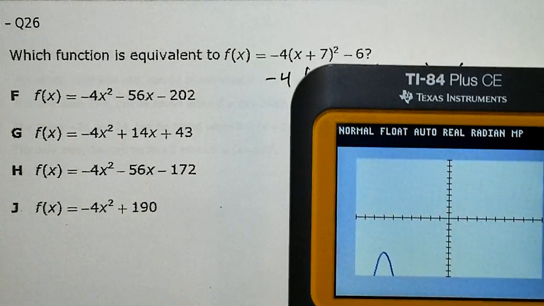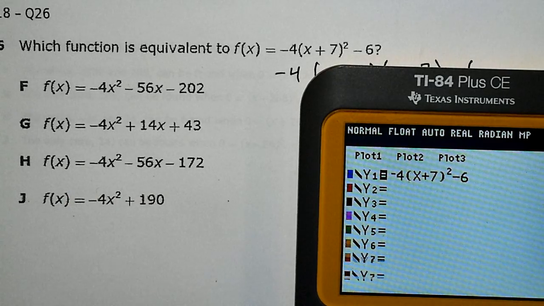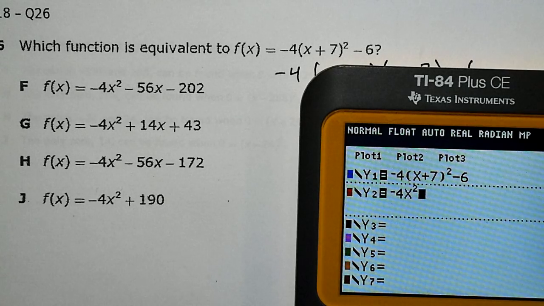So here's my graph. Now, one of these should be an exact match, so I'm just going to type them in one at a time. So negative 4x squared plus 14x plus 43.